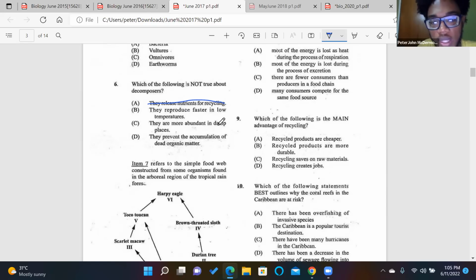They are more abundant in damp places. Where do you find a lot of fungus and bacteria and stuff like that? Damp places or hot places? Damp. So we know that this is definitely true. They prevent the accumulation of dead organic matter. Do we think that's true or false?